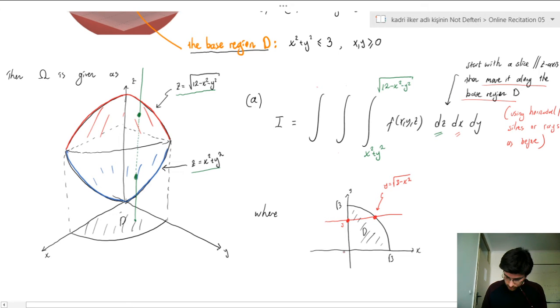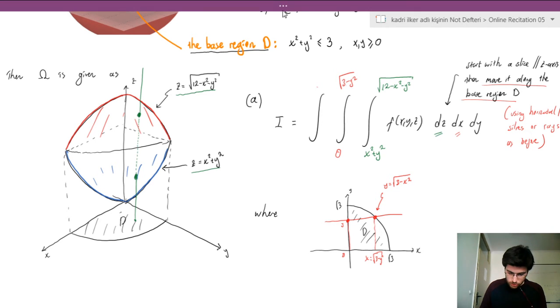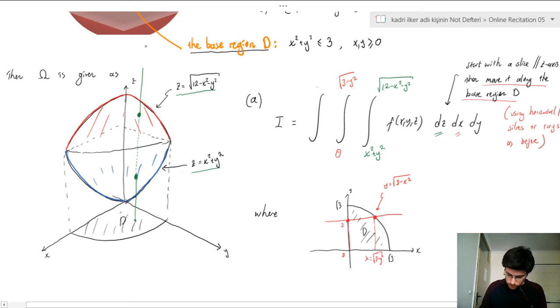And x ranges from 0 to x equals square root of 3 minus y squared, as before. And as a final touch, we move this horizontal slice vertically, and as you see, y changes from y equals 0 to square root 3.